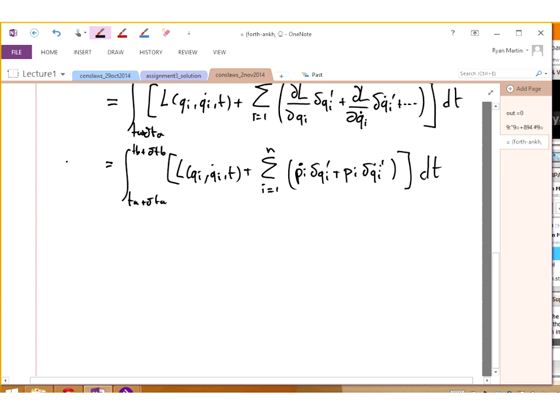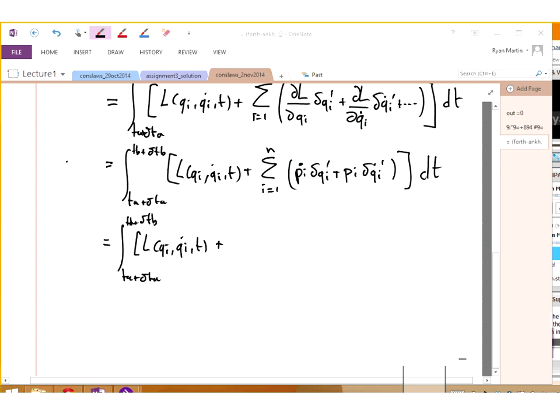Okay, so now you can recognize this p_i dot delta q_i prime plus p_i delta q_i dot prime. That is the product rule of the derivative. So I can rewrite this as, I'll write the first part of the integral here: the integral from t_a plus delta t_a to t_b plus delta t_b of L evaluated at q_i, q_i dot, t plus, now I'm going to write this as the derivative product rule.